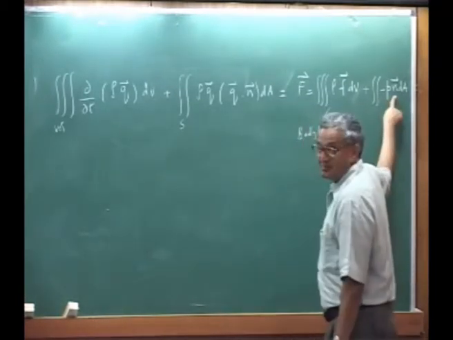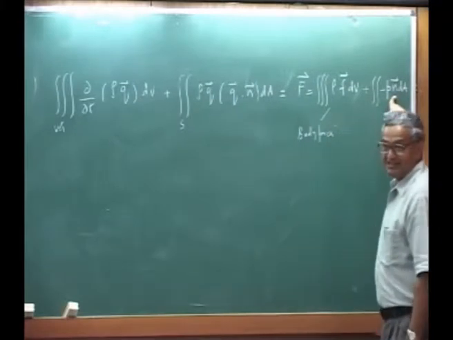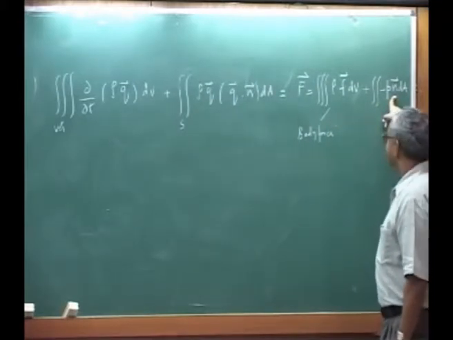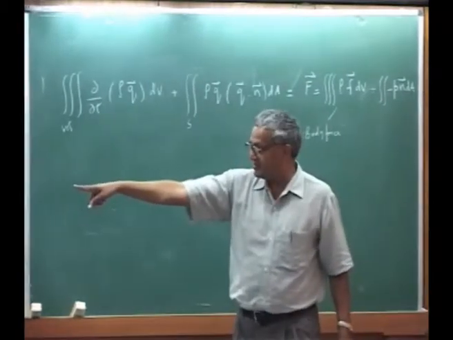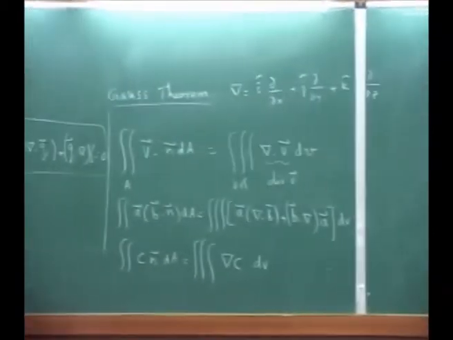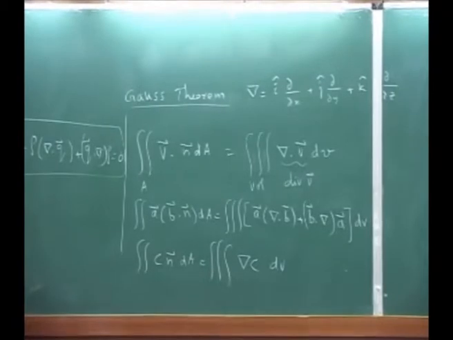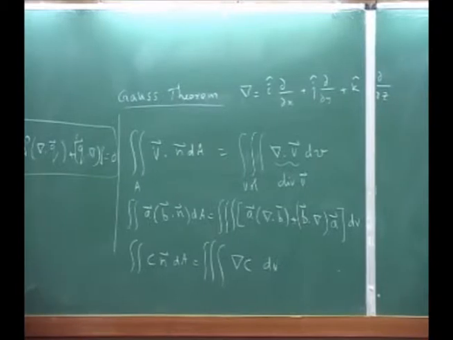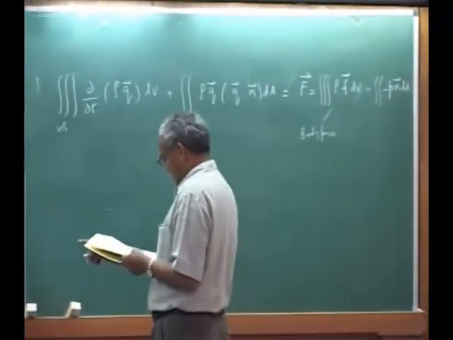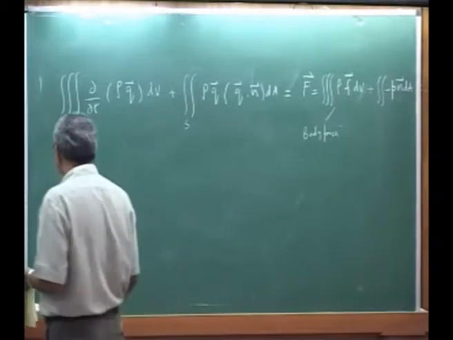And then this is pressure. Pressure is a scalar quantity, scalar N dA, that last relation, C N dA is gradient C dV. Now convert all of them into volume integrals. If you convert all of them into volume integrals, you will get like this.